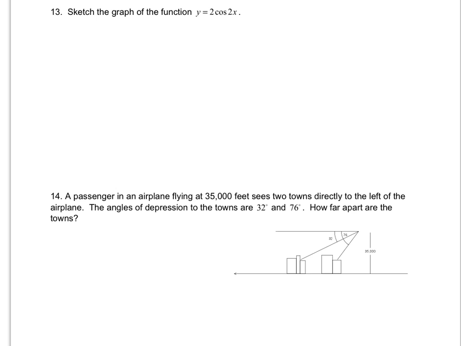Okay, this requires your knowledge of graphing. These usually come in the form y equals a cosine or sine bx, where a is your amplitude and b has to do with your period. The amplitude for this one is 2, so you know that is plus or minus 2.